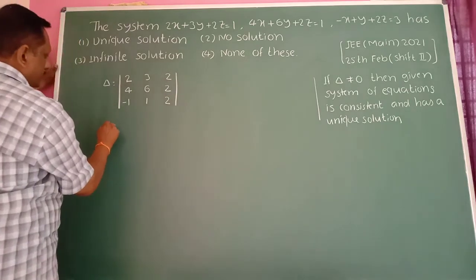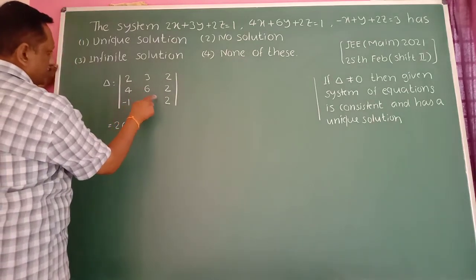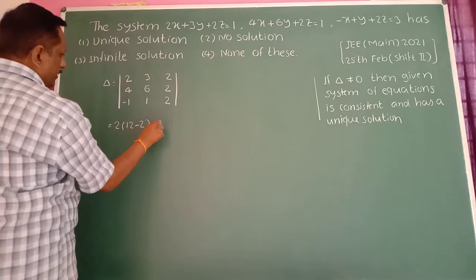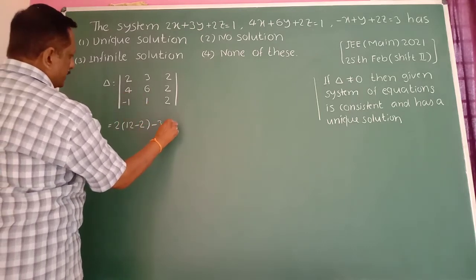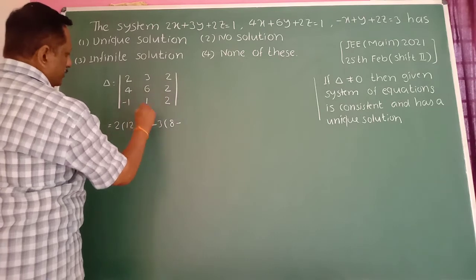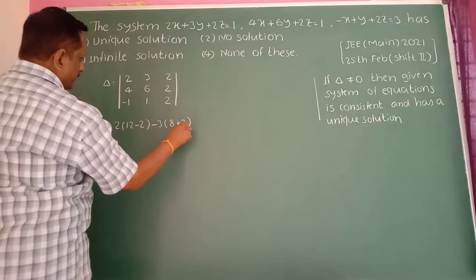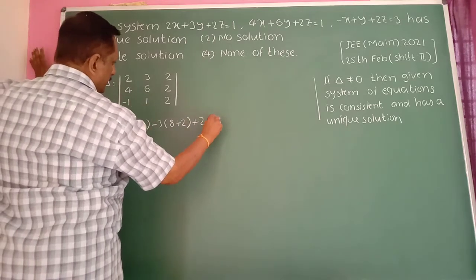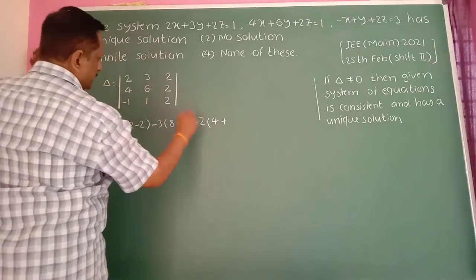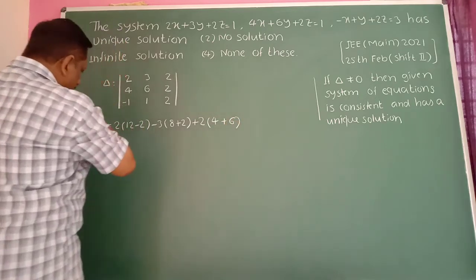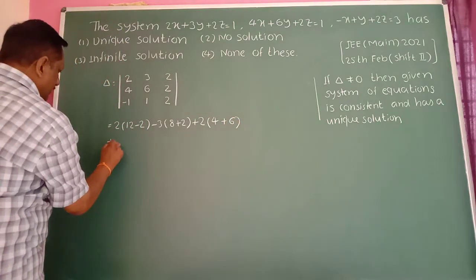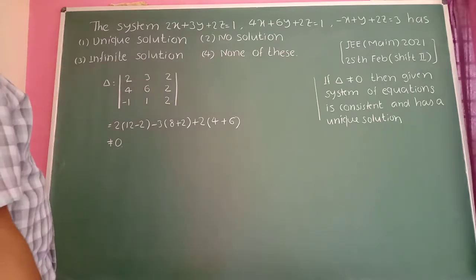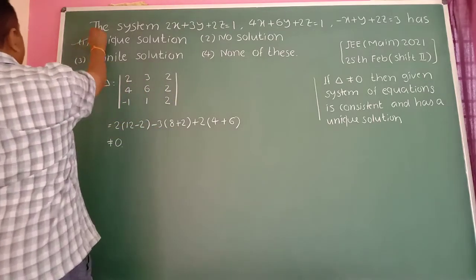Expand it: 2 into 6 2s are 12, minus 2, minus of 3 into 4 2s are 8 minus 2 1s are 2, minus minus plus 2, then 2 into bracket 4 1s are 4 plus 6 1s are 6. Obviously this is not equal to 0, therefore it has a unique solution. The first one is the correct option.